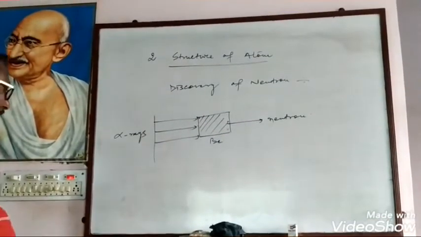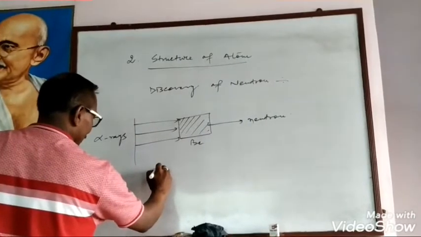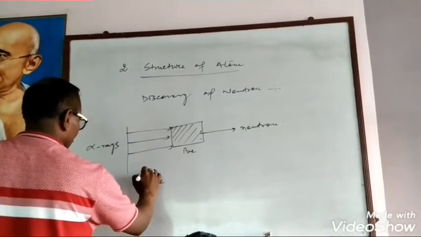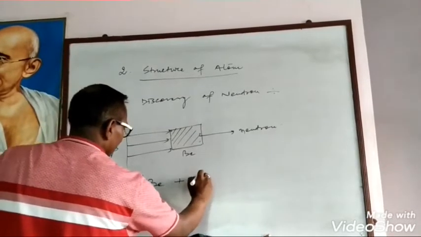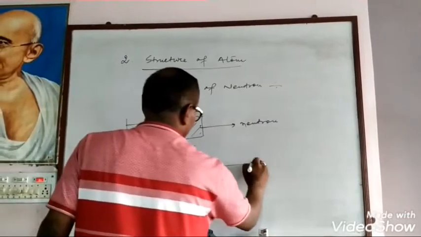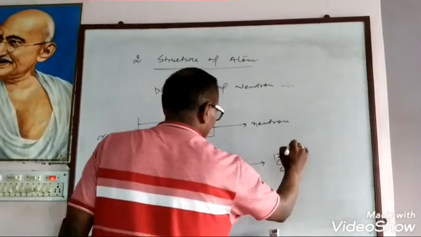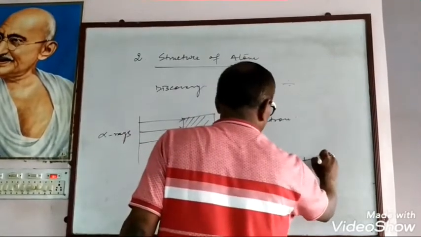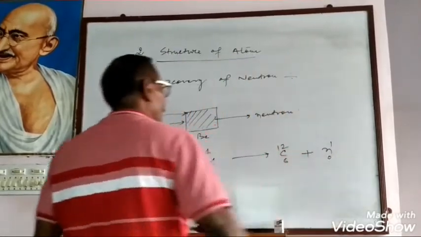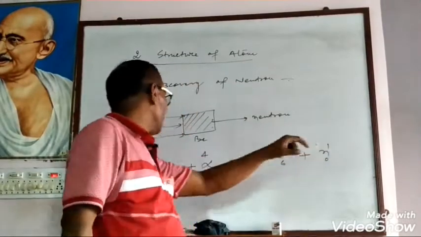This can be represented by an equation like this: a sheet of beryllium plus alpha ray gives C6 12 carbon, and this is neutron having 0 charge and 1 mass.